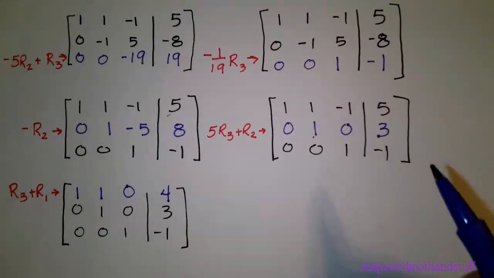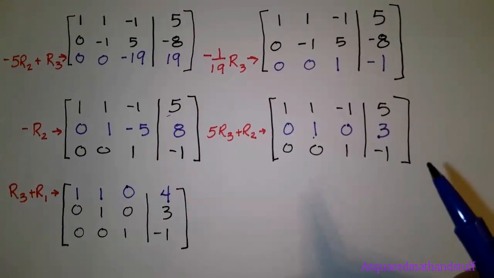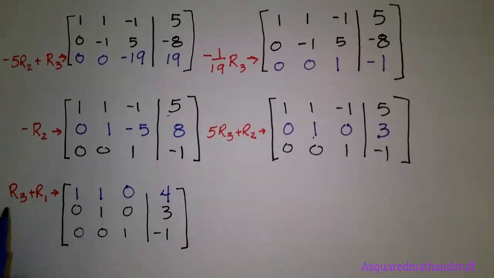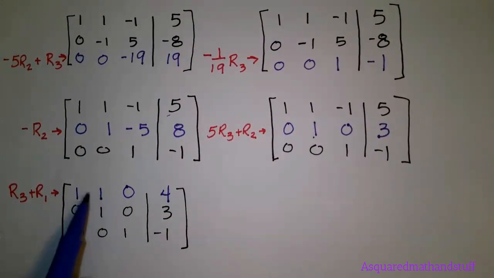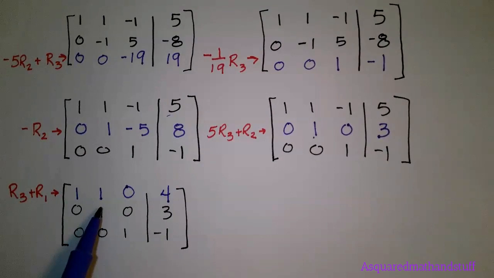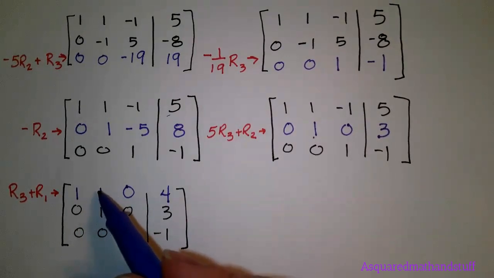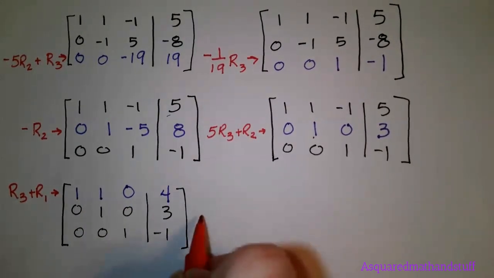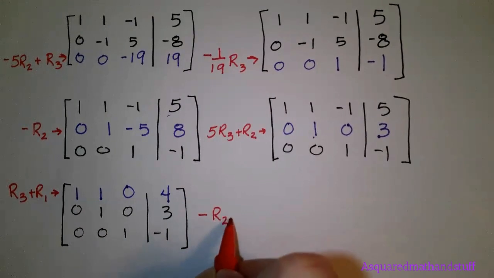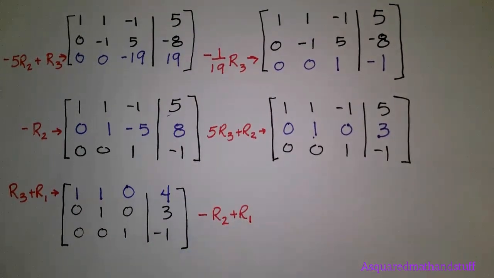We are down to our last row operation, ladies and gentlemen. All we have to do now is get a 0 in this position here. We can do that by adding a negative row 2 to row 1. So again, a negative row 2 plus row 1.